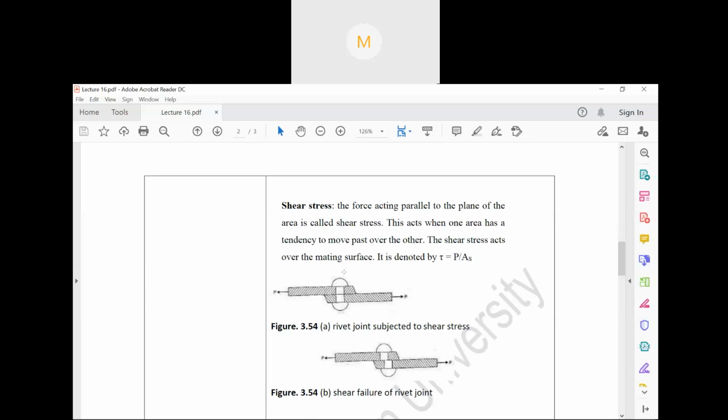If the force is acting parallel to the plane of the area, so how will it be acting?